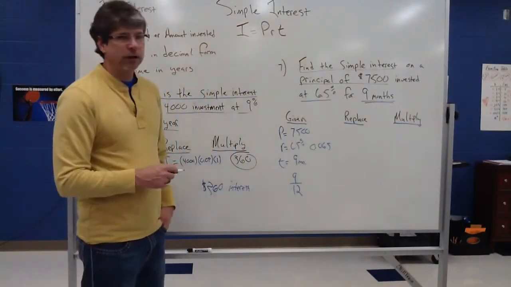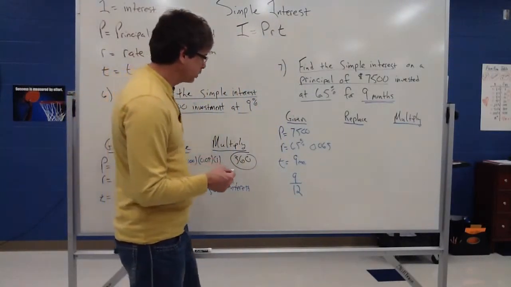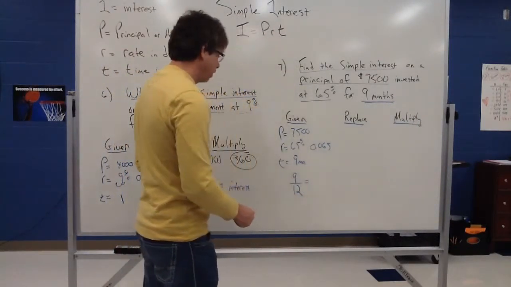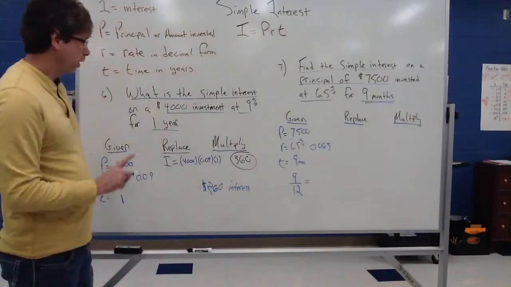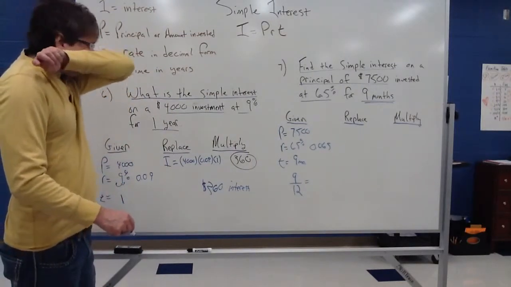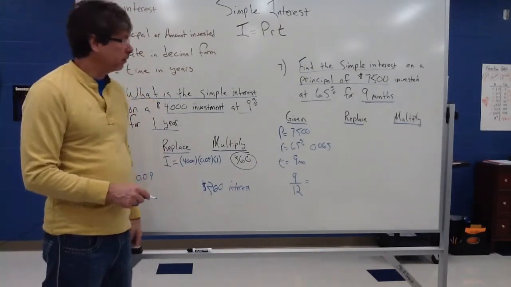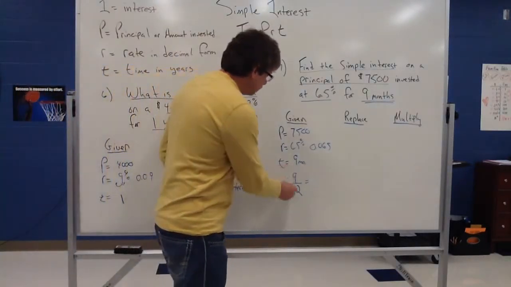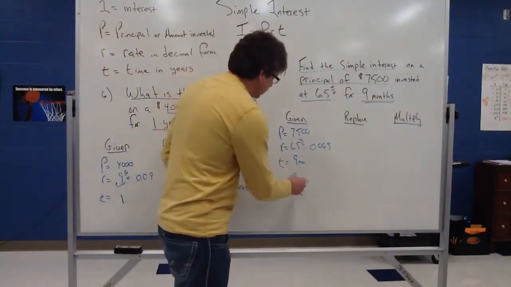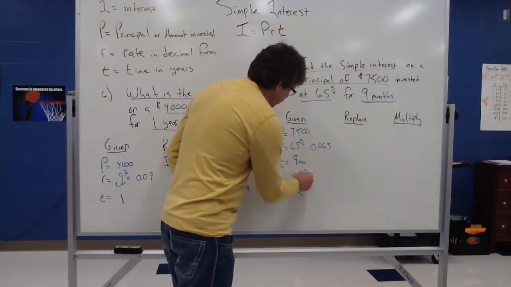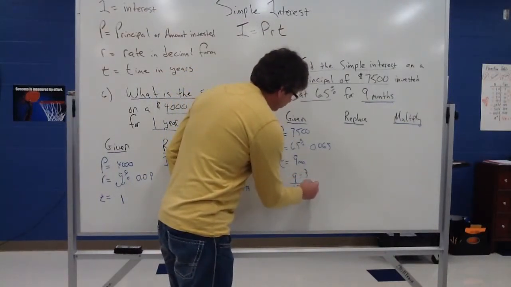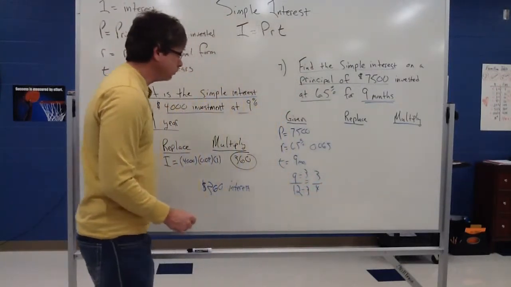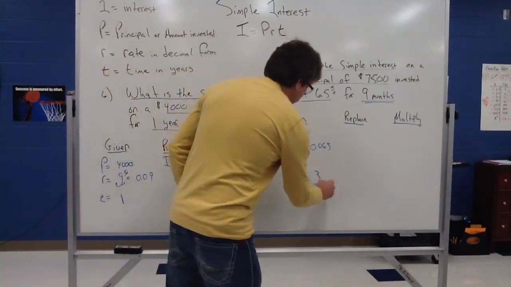So 9 months is a fraction of a year, 9/12. Now I have to reduce this. I can divide the numerator and denominator both by 3, so it's reducible. It reduces down to 3/4. So 3/4 year is going to be my time.